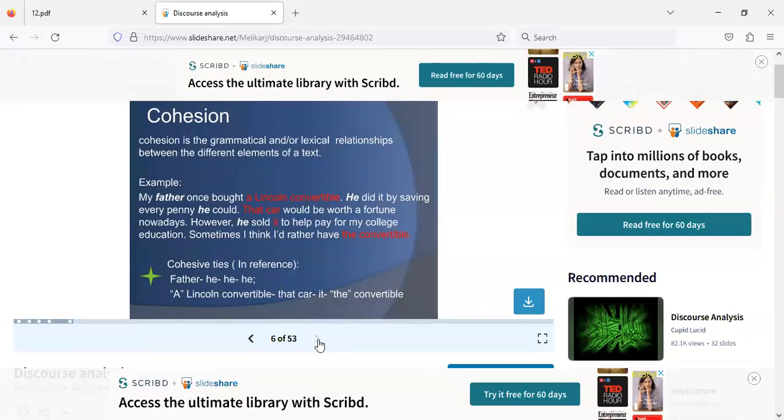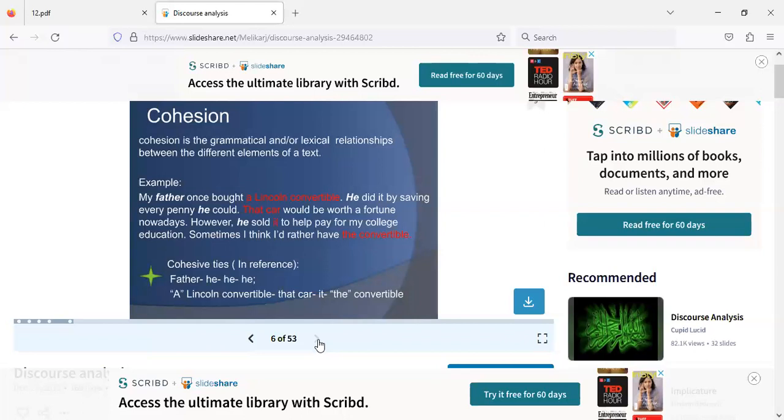Now, suppose this is a paragraph. What would be the cohesive ties or cohesive devices? With relation to cohesion, there are some linking devices, which we call cohesive ties or cohesive devices.